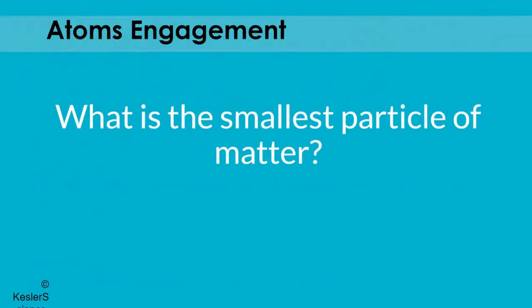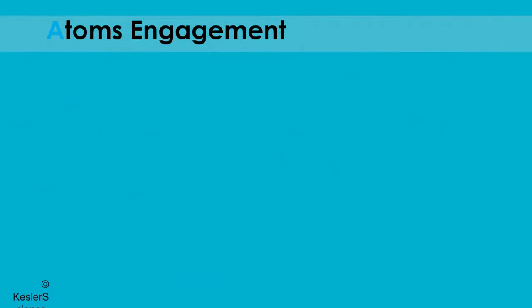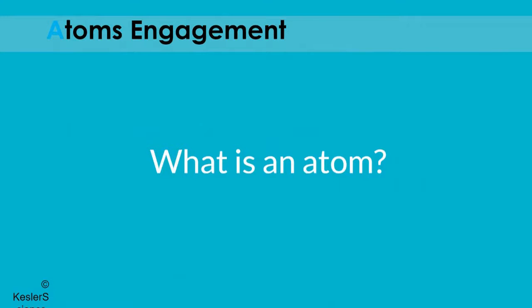Okay. So let's see, what's the smallest particle of matter? Well, that would be an atom. What is an atom? It's the smallest part of an element, the smallest quantity of an element you can have.